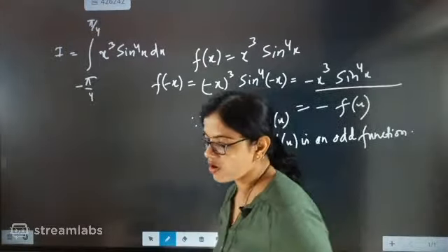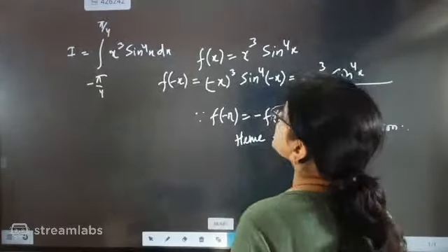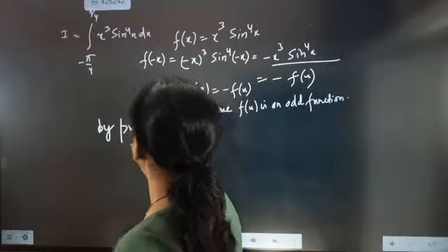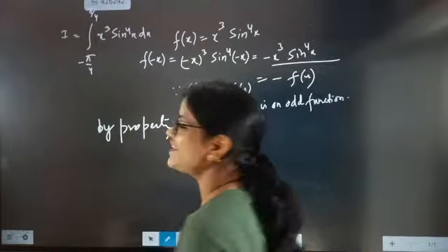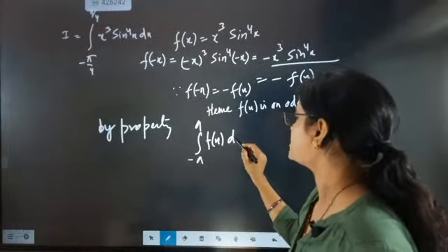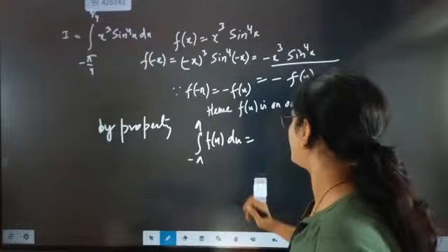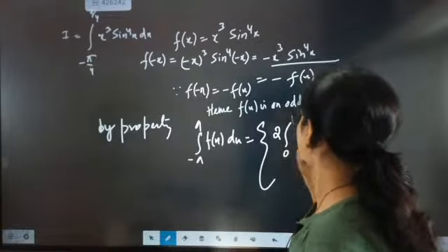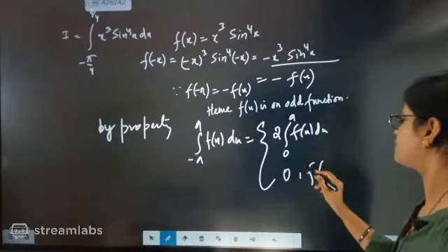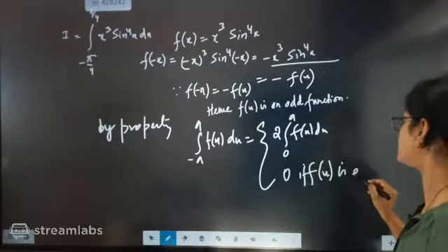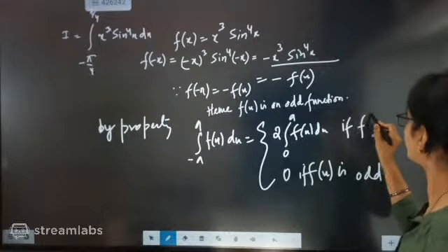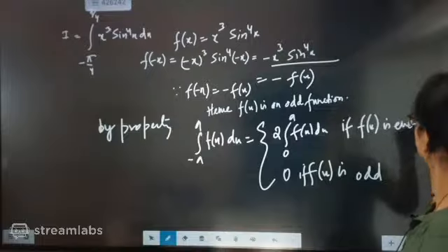And once you have done it for an odd function, what else we have to do here is, we just have to say that by property 9, or don't write by property 9, you can write it as minus a to a, since in minus a to a f of x, it is going to come as 0 to a f of x dx, 0 if f of x is odd, if f of x is even.